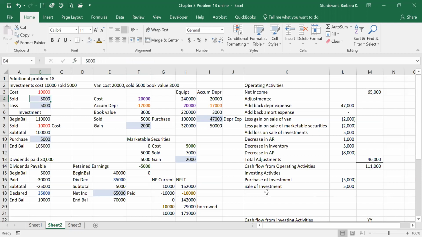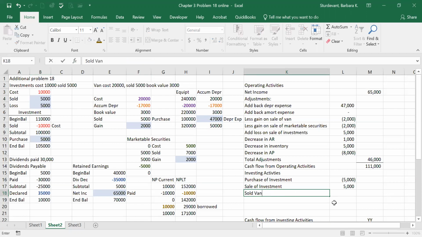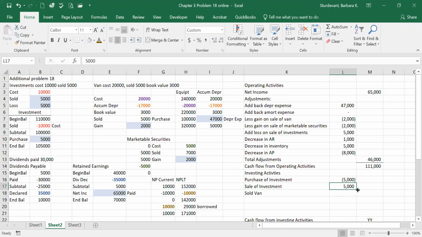All right, let's finish this section here. We've got a van, right? So we sold a van. How much did we get when we sold the van? We got 5,000. Another 5,000, right? That's this. Okay.